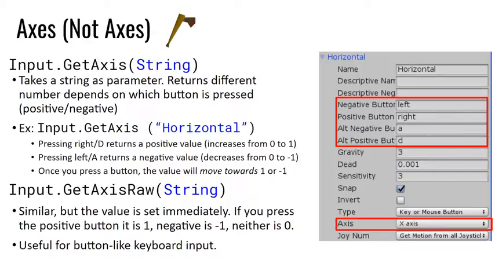It returns a float from -1 to 1 that represents where the control stick is. So for horizontal, it's how far left and right the control stick is pushed.